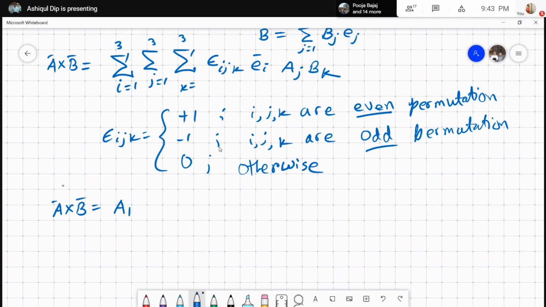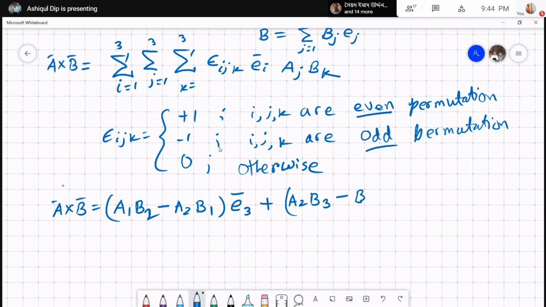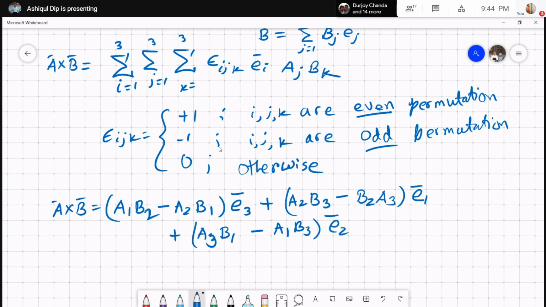So, A1 B2 minus A2 B1 times E3, plus A2 B3 minus B2 A3 times E1, plus A3 B1 minus A1 B3 times E2. This is how we defined our cross product.